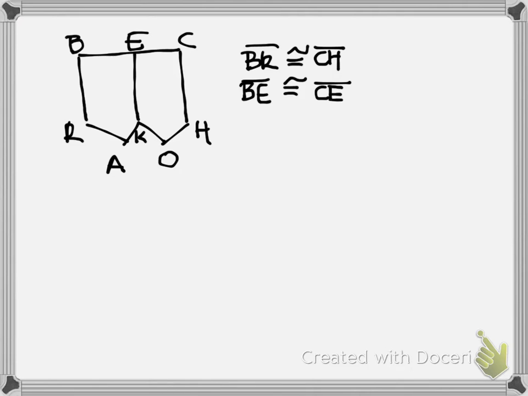If I tell you that segment RA is congruent to segment HO. If I tell you that segment AK is congruent to segment OK, do I have enough information to prove those two polygons are going to be congruent to each other?